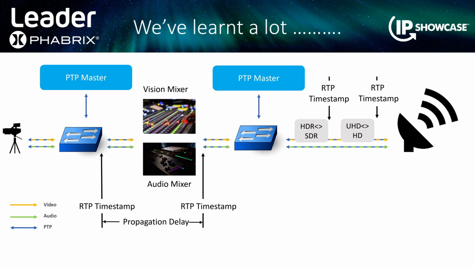Each of those processes gets a new RTP timestamp. There is no SDR to HDR conversion for audio. There is no 4K to HD conversion for audio. So that goes straight through. And lo and behold, your audio is now not synchronized with your video.